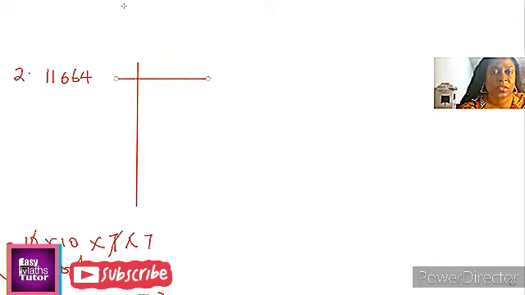So we are going to write 11,664. Since it ends in 64, I already know that 4 will be a relevant number. 8 could also be a relevant number. So let's try 8. 8 going through here gives us 1.